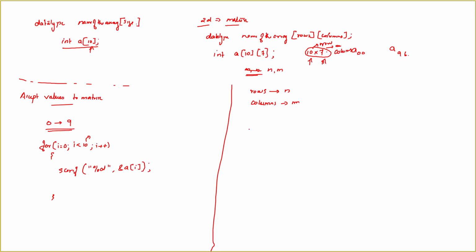Listen here. The first element is a[0][0].